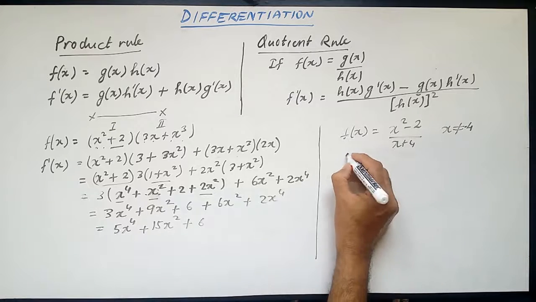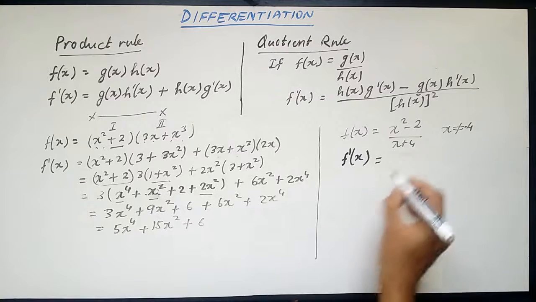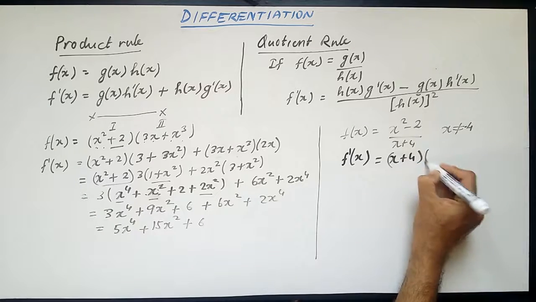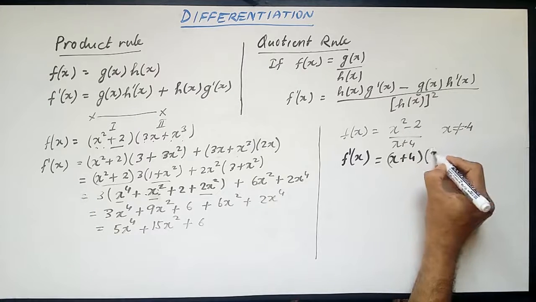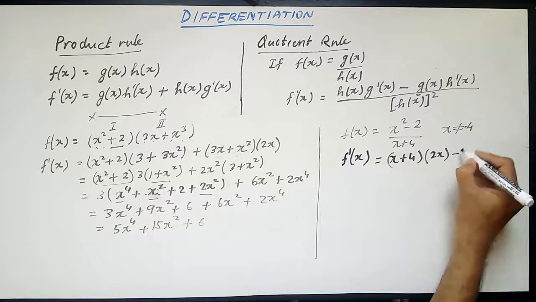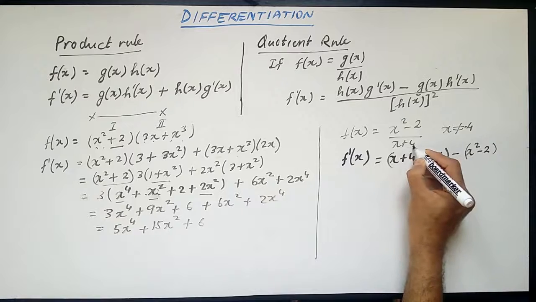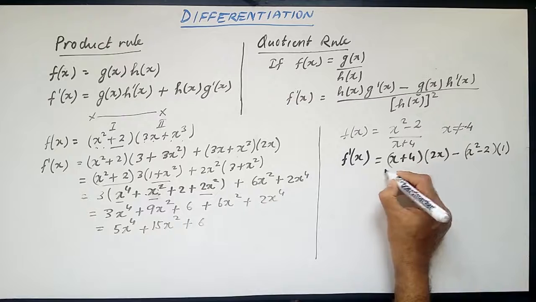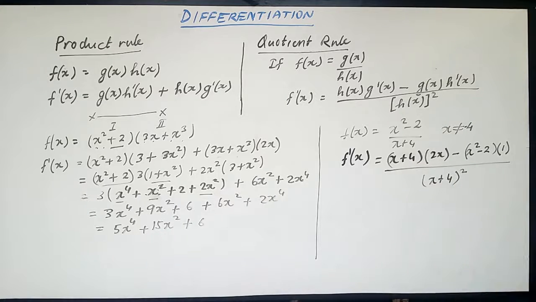So f'(x) is equal to the denominator, x plus 4, multiplied by the differential of the numerator, that is 2x minus 0, so it is 2x, minus the numerator, x squared minus 2, into the differential of the denominator. Differential of x is 1 and differential of 4 is 0, so it is only 1, upon the denominator whole squared.